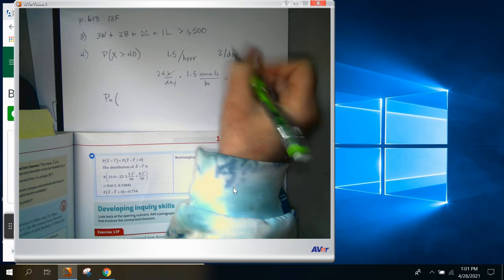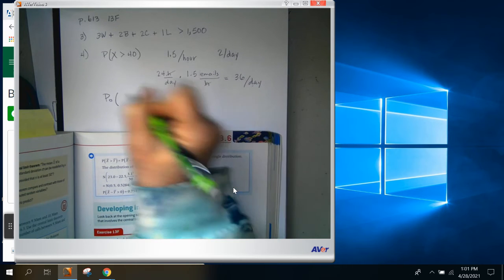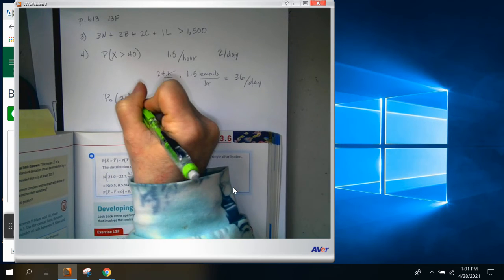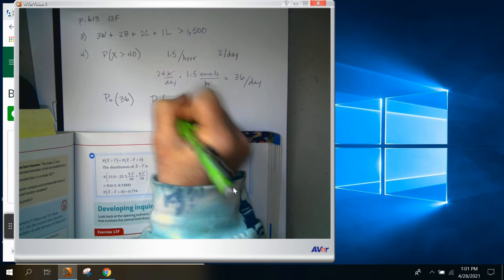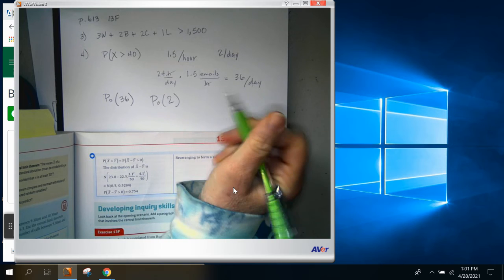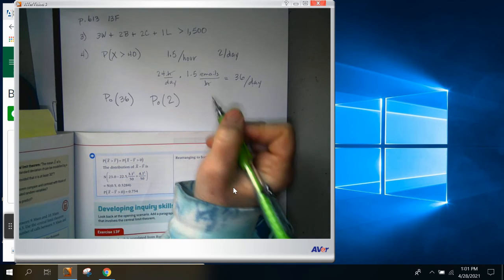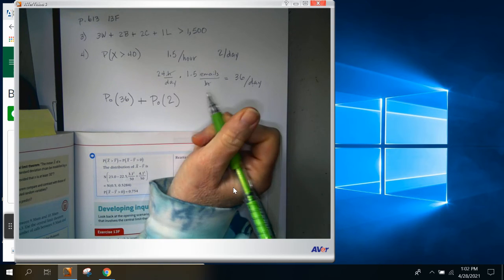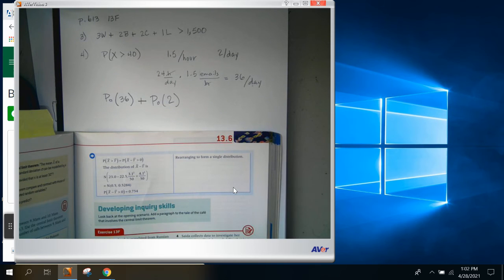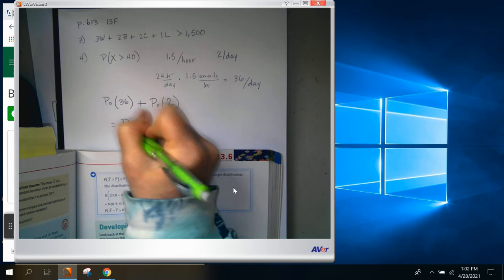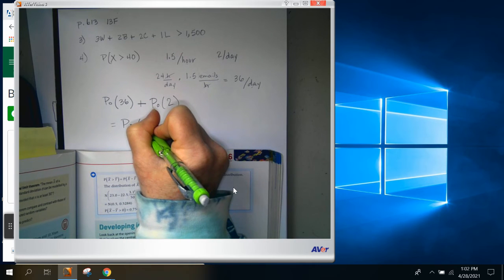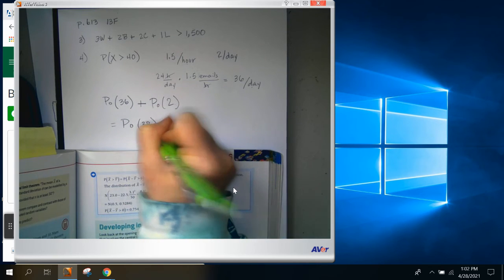One is the 36 emails per day, so my average number of junk emails is 36 per day. My other one is personal emails, I get 2 per day. We are going to add these together, and it's really simple. All we have to do is add them together. So my new lambda is 36 plus 2, which is 38.